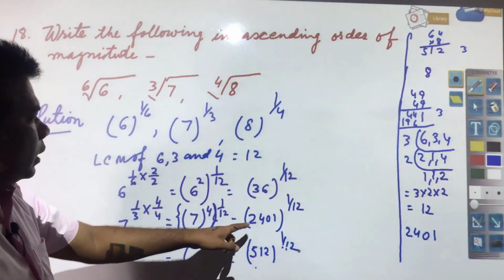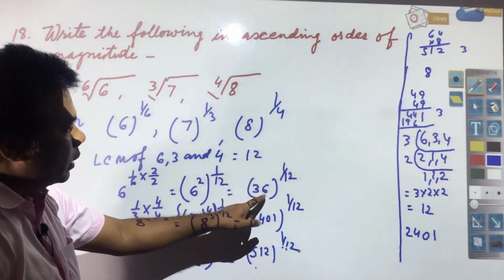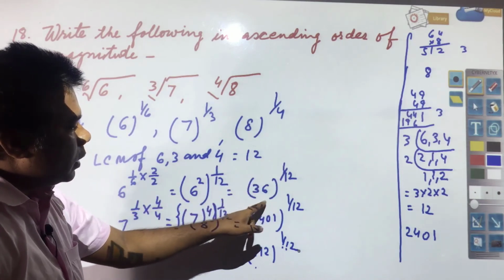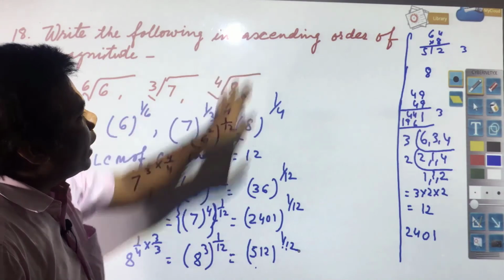Now, you see this is the biggest one, and 36 to the power 1 by 12 is smallest one. So, we need to arrange this into ascending order.